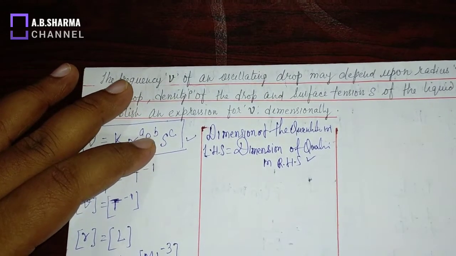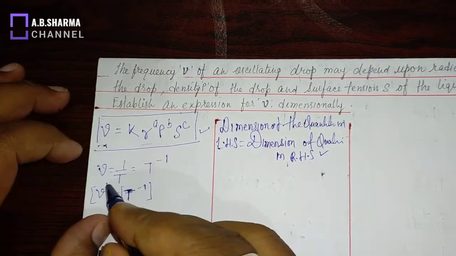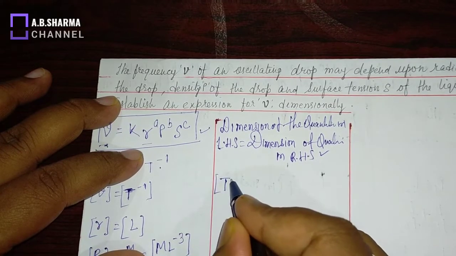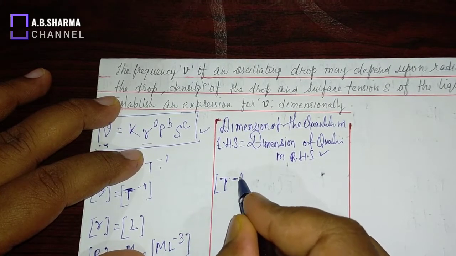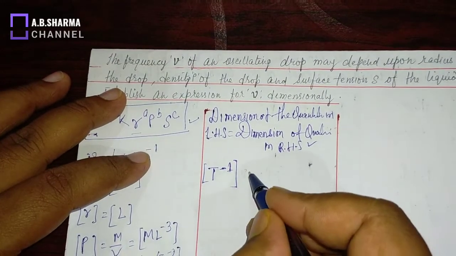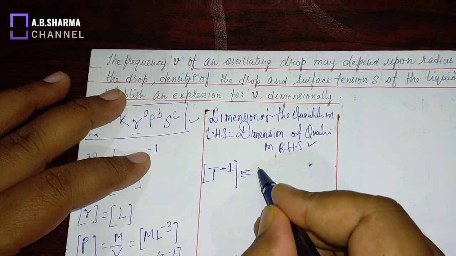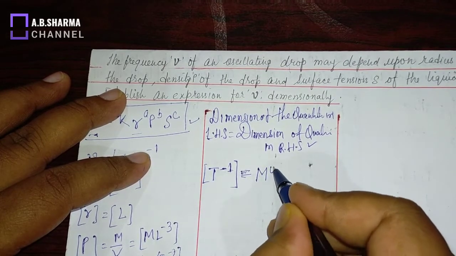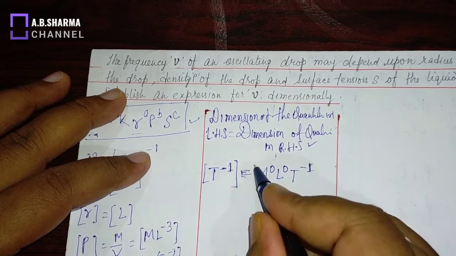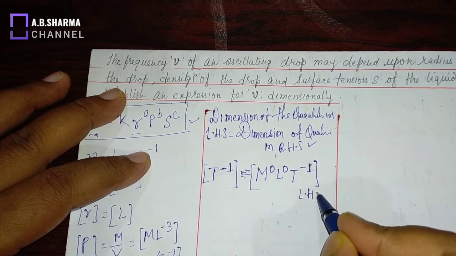We have to equalize the dimensions. On the left hand side there is frequency, and the dimension of frequency is T inverse, or T to the power minus 1. We can also write it in the form of fundamental units as M0 L0 T to the power minus 1. So this is the dimension of the left hand side.